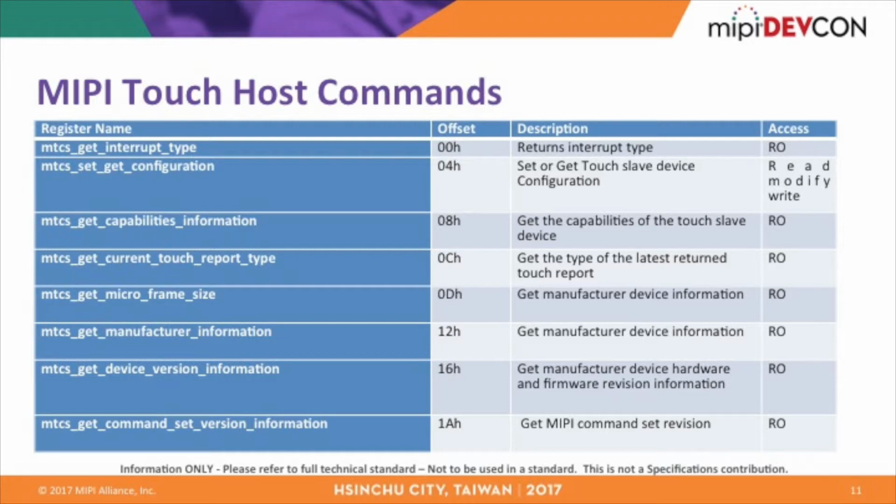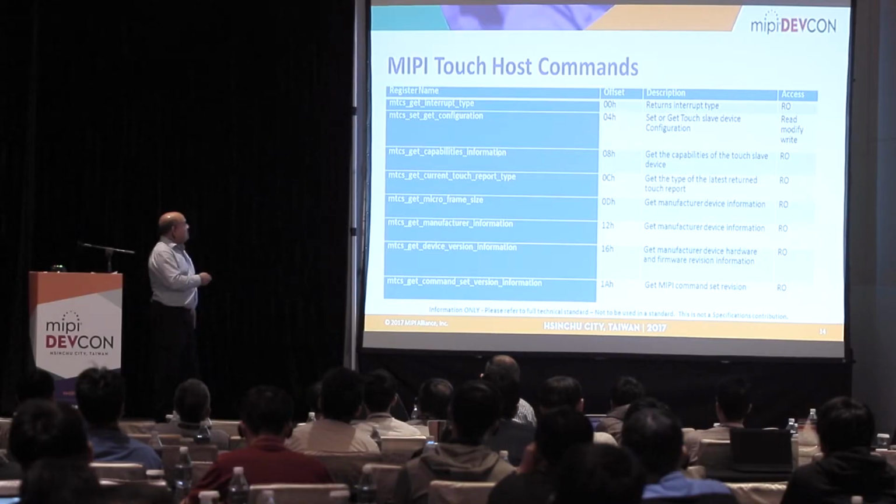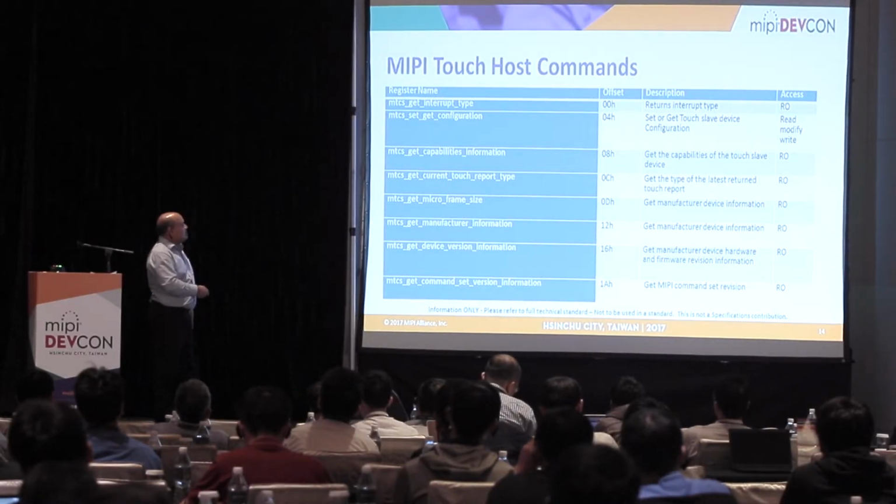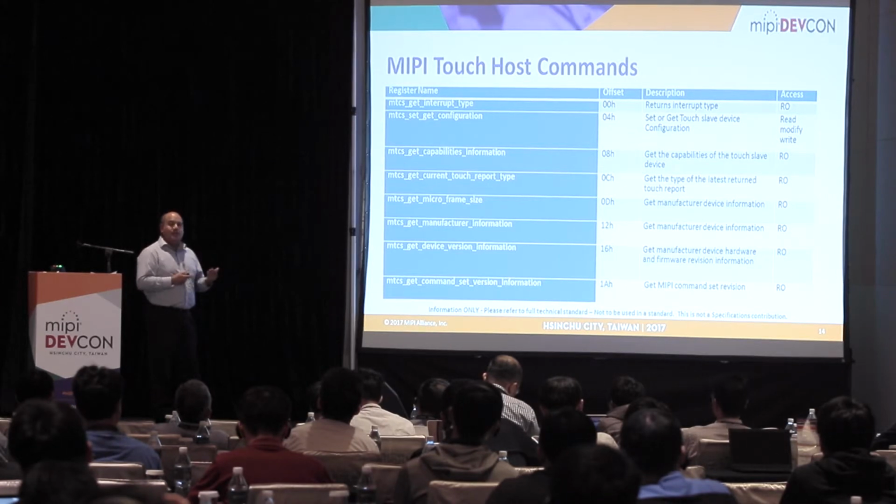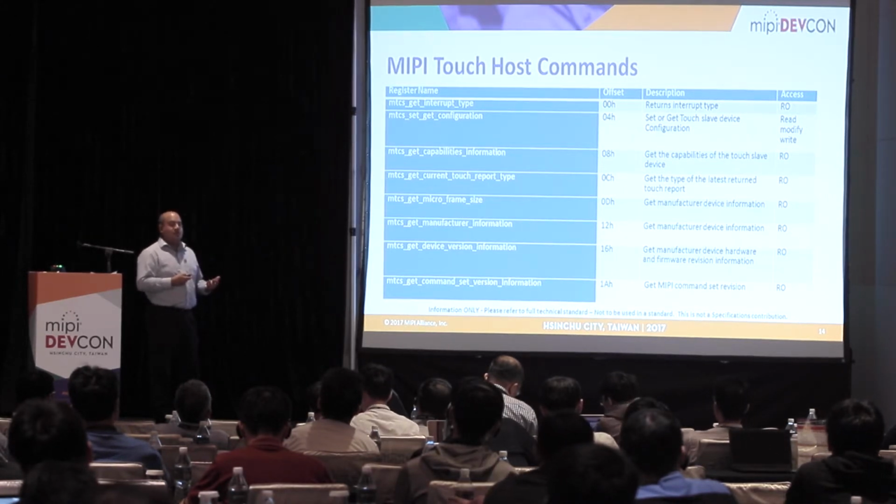In these registers, you have very basic, standardized ways to determine which type of interrupt it is. You'll learn what kind of configuration your slave has been placed in. And then the rest of these are all data registers that you would read once at the beginning of configuration.